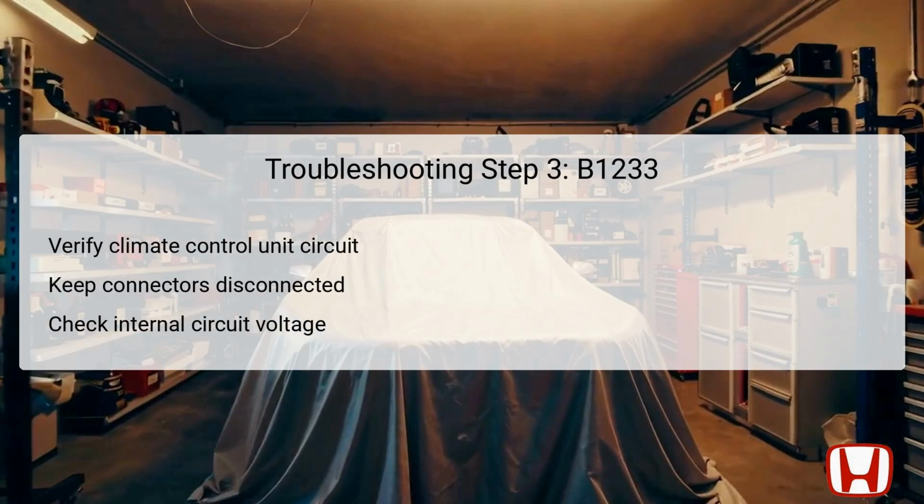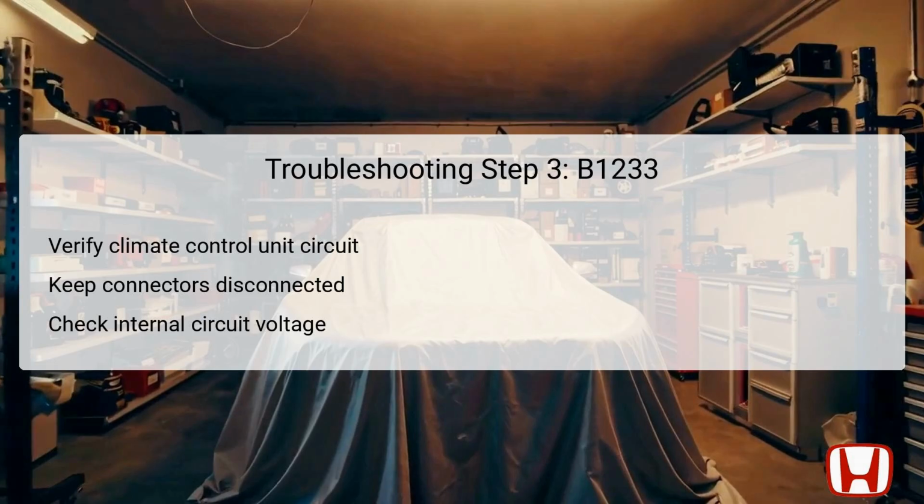The final troubleshooting step aims to verify the climate control unit's internal circuit after confirming that the air mix control motor connectors are disconnected. With the climate control unit connector still off, switch the vehicle to the on mode. At this stage, it's crucial to check the unit's internal circuit for output voltage, which should also measure around 5 volts.